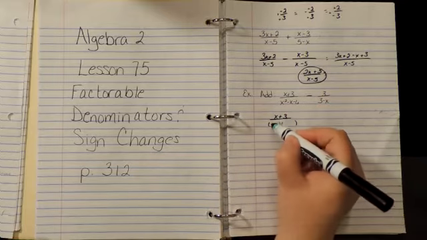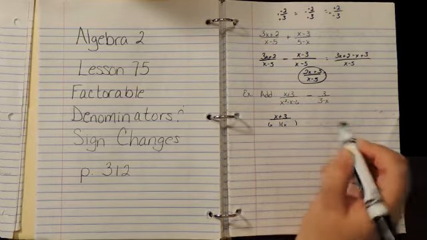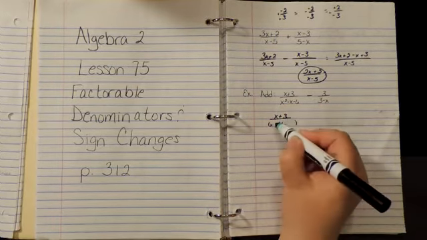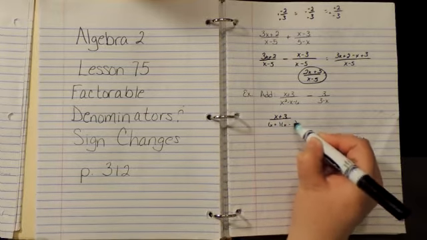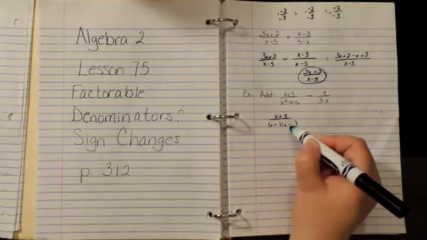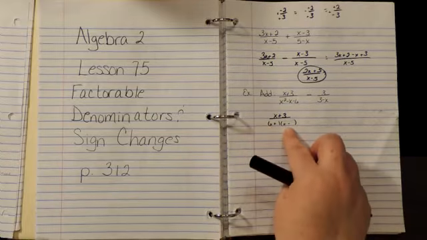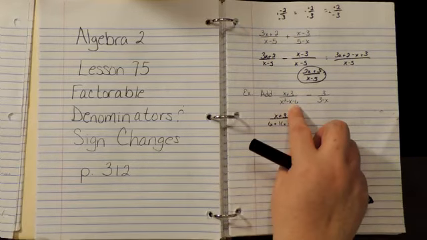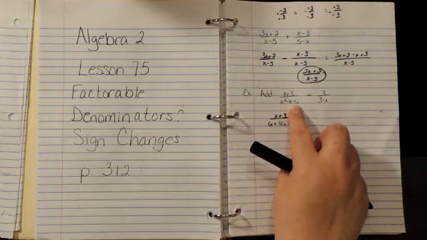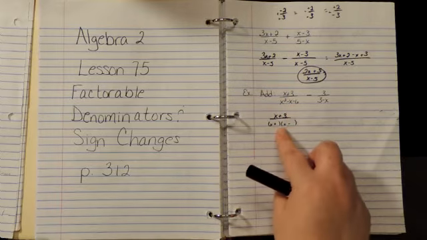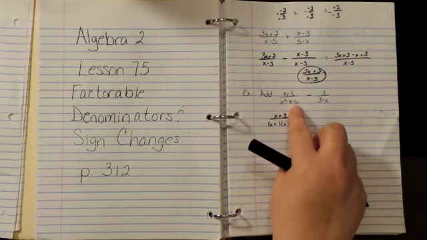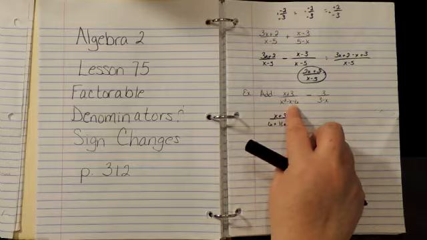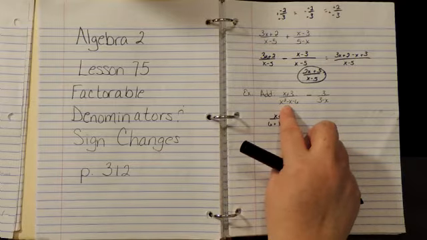We're starting with x squared, so this is going to be an x and an x. We have 2 negatives, so it's going to be plus something and minus something in the binomials. And the product of these 2 last terms is going to be -6, but their sum is going to be -1.